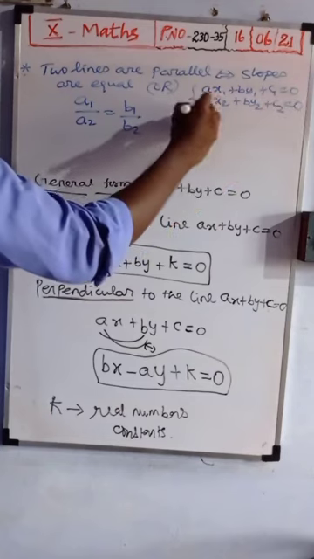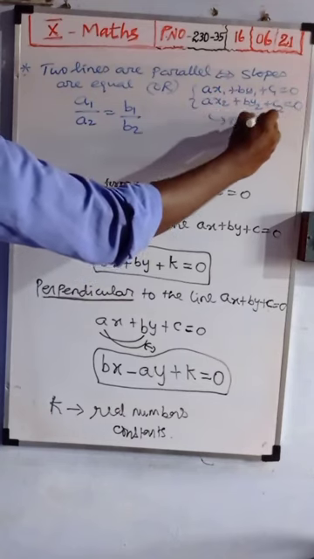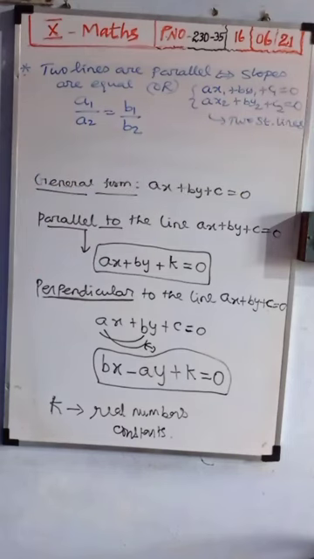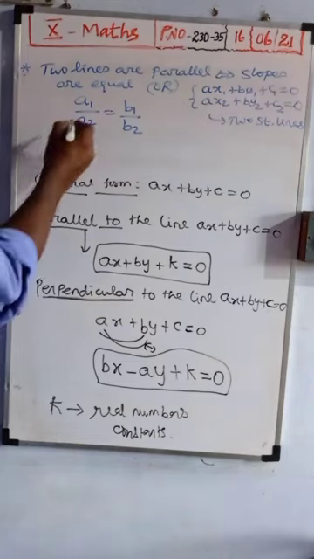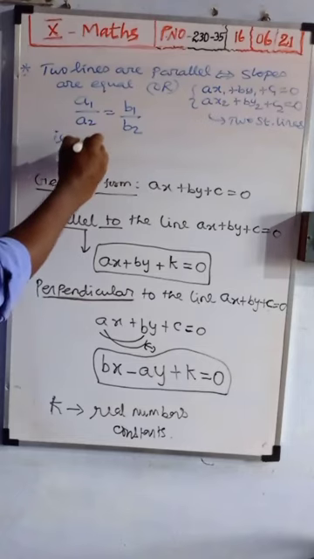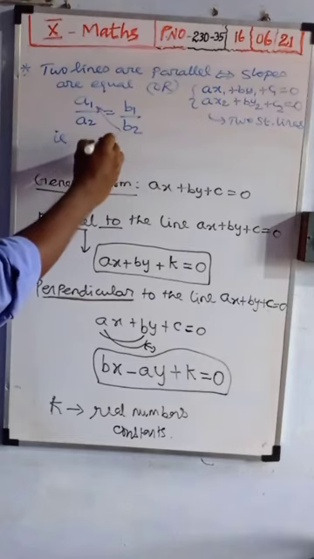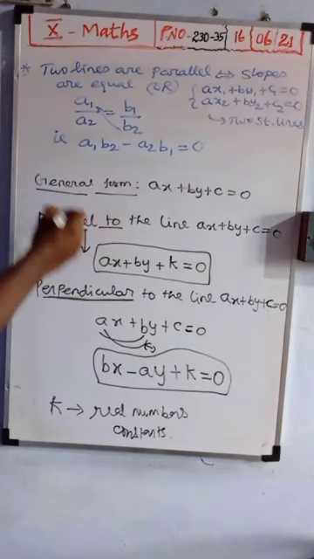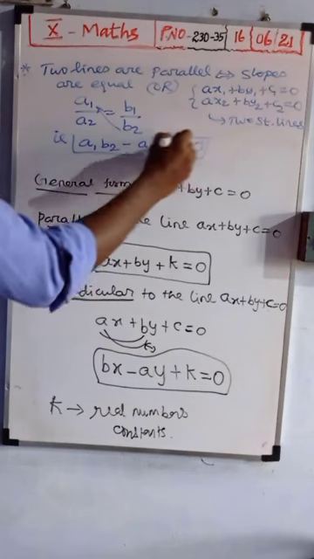In these two straight lines you are taking, for them to be parallel you want to check this condition. Okay, a1 divided by a2 is equal to b1 by b2. If these ratios come out equal, the lines are parallel. Or we can write it in the form of cross multiplication: a1 b2 minus a2 b1 is equal to 0. This is the result.